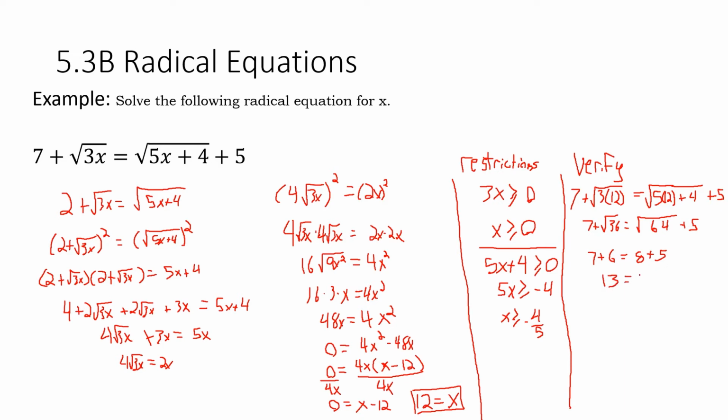And 8 plus 5 is also 13. So 12 does fit the description of both of these restrictions. 12 is bigger than 0, and it is bigger than negative 4/5. And the equation checks out. So this is a valid solution that fits the restrictions.